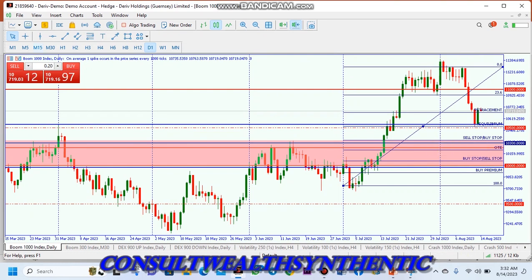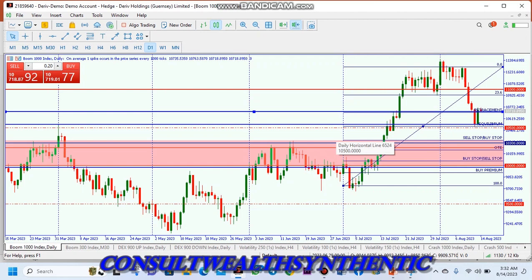Yeah, this is our retracement level. We see this rally up because of this red candle. That's why we see this rally up.